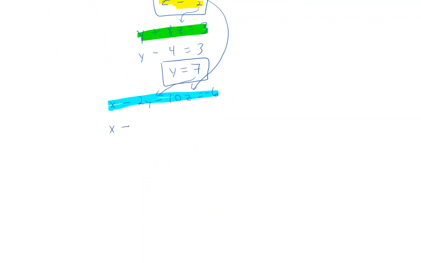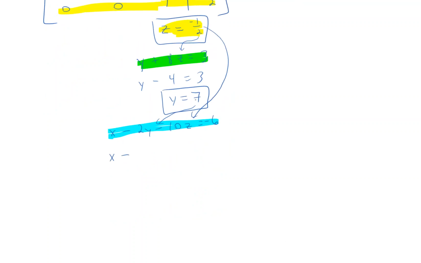So x minus 2 times 7, so x minus 14. Negative 10 times negative 1/2 is positive 5, equals negative 6. Okay, so negative 14 plus 5 is negative 9. Add 9 over, and I get 3 for x.